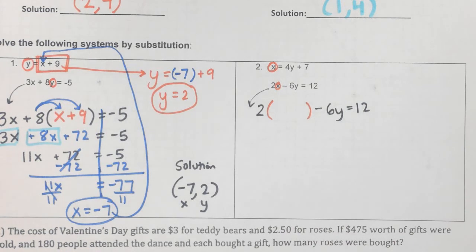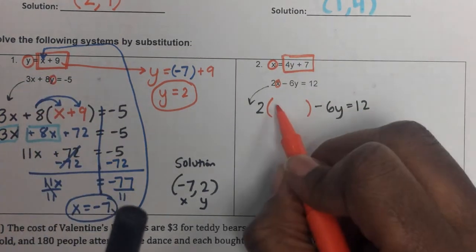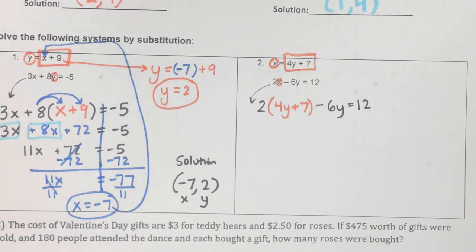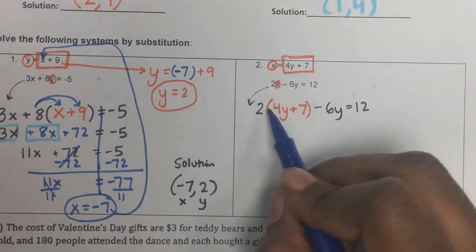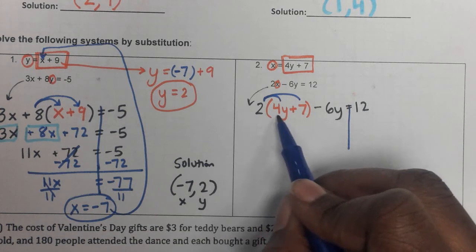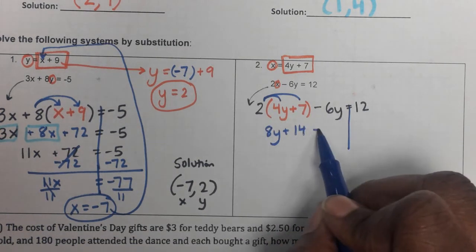X is disappearing because I need to plug all of this in the x spot so I can start solving it out. So parentheses first. 2 times 4y is 8y. 2 times 7, 14.